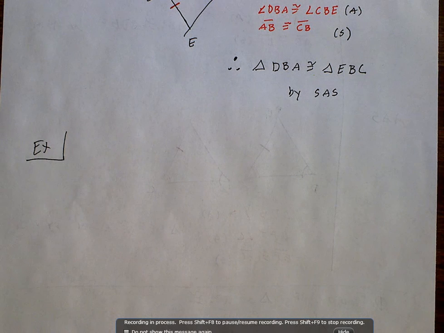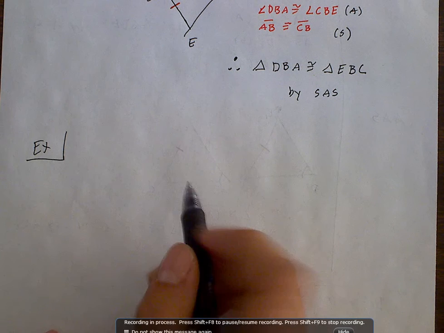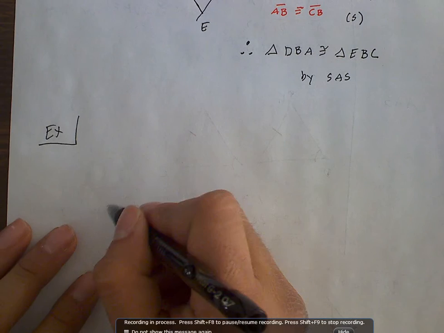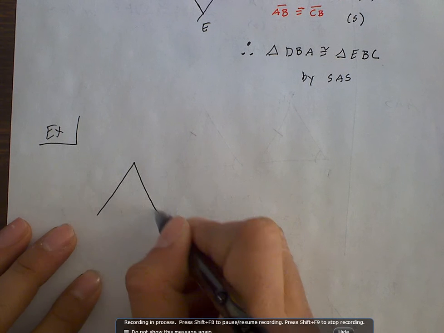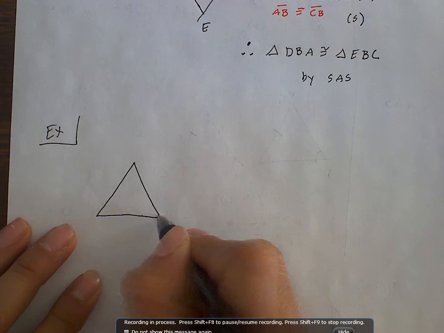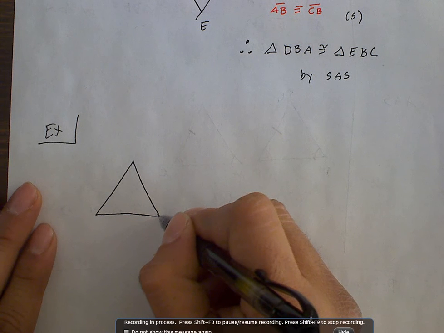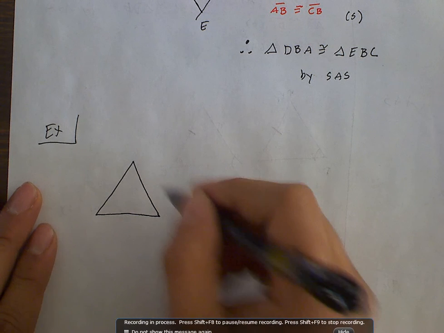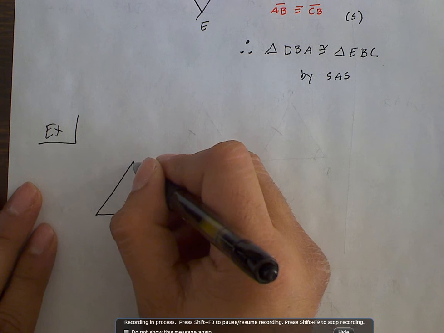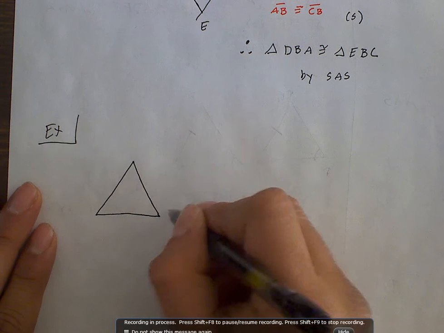So let me see what can I do here. So we have side, angle, side. We also did side, side, side. So let's go ahead and make one like that, and let's go ahead and make one like this.